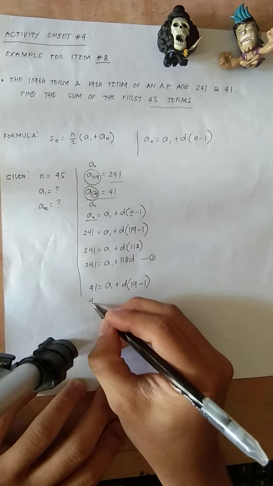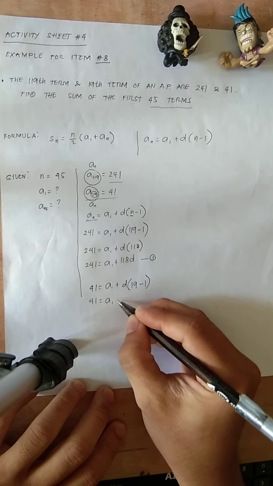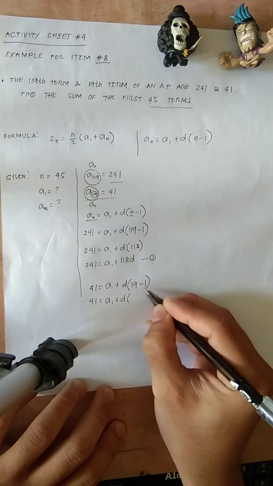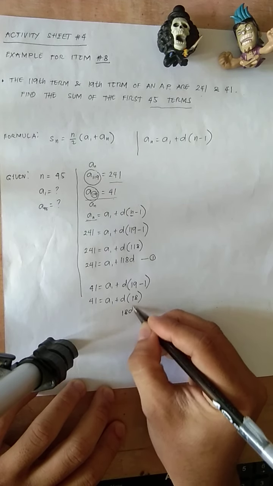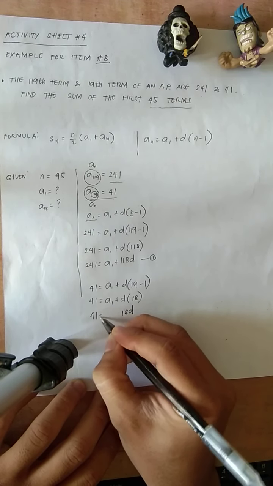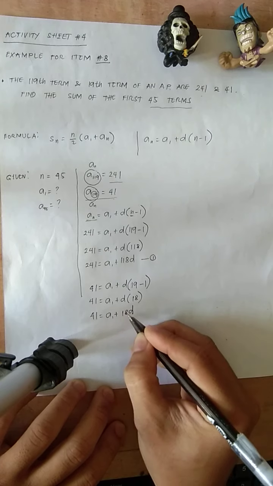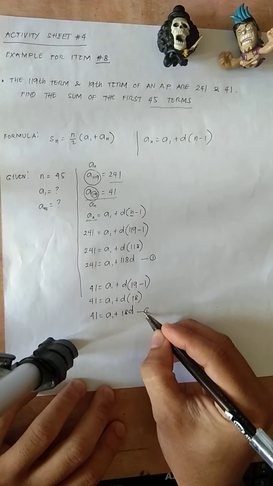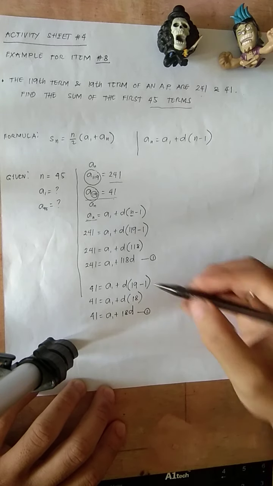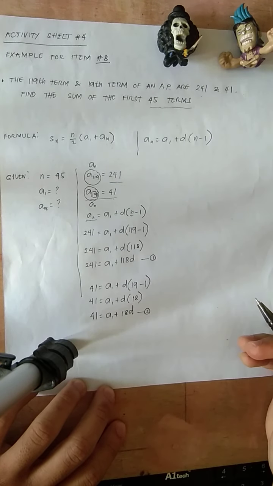So we have 41 equals a sub 1 plus d, and then 19 minus 1 is 18, and 18 times d is 18d. So we have 41 equals a sub 1 plus 18d. This is now going to be our second equation. And what's the use of these equations?